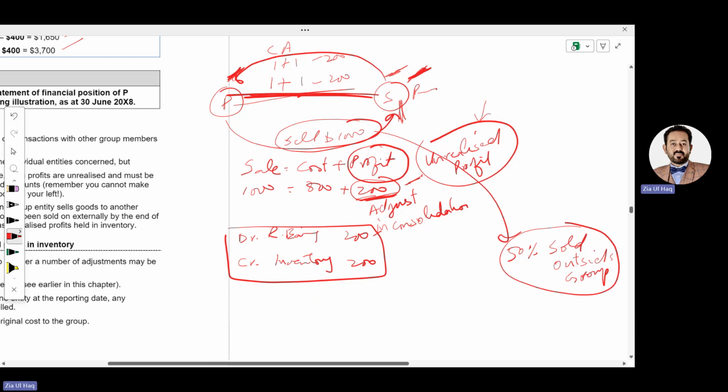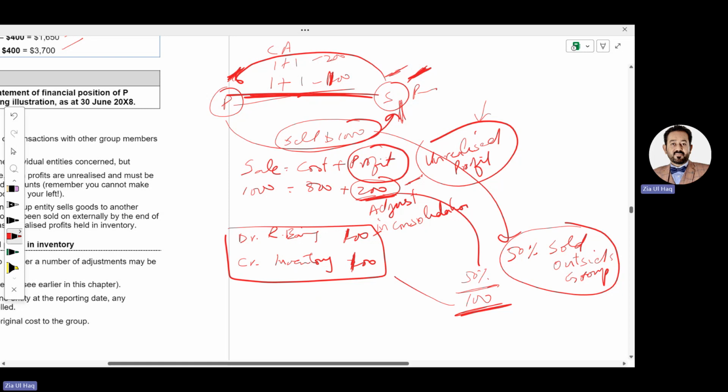So that half of the profit has been realized, because it was made from outside the group. For the remaining half we need to pass the entry of 100, because half has been realized. So 100 is unrealized, and we will deduct it from inventory and from retained earnings. Can you understand this?